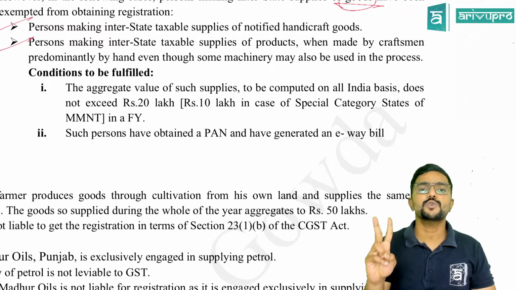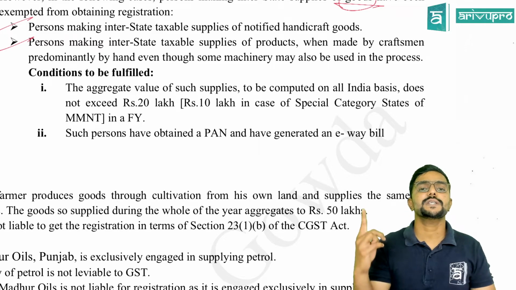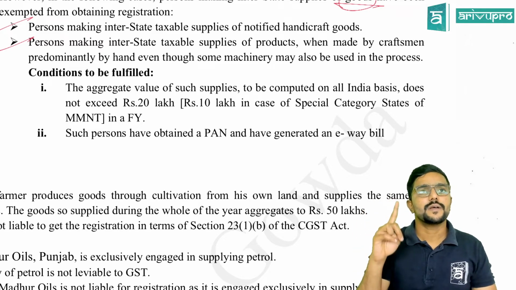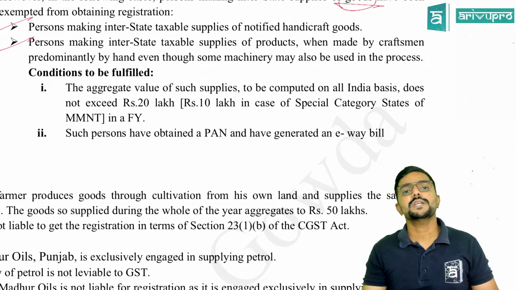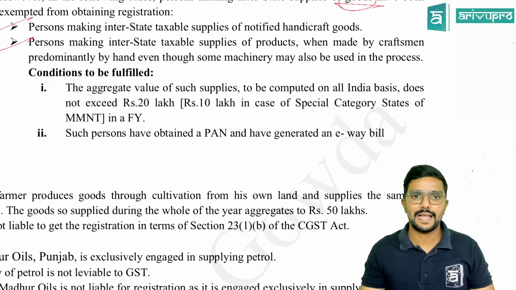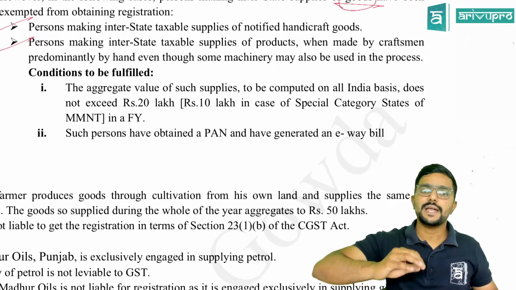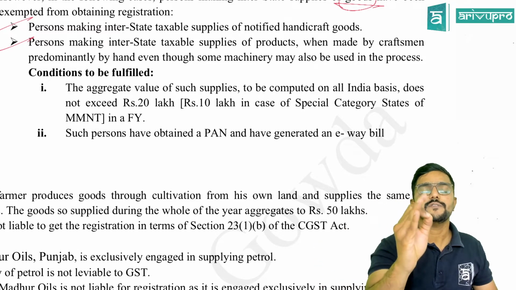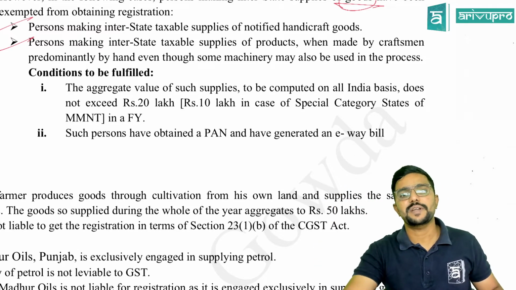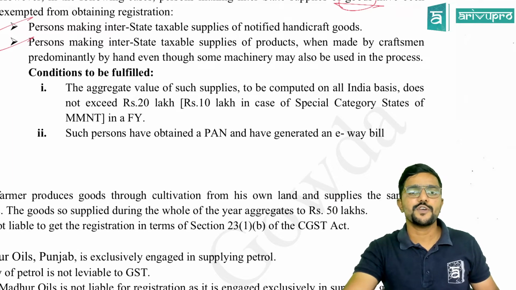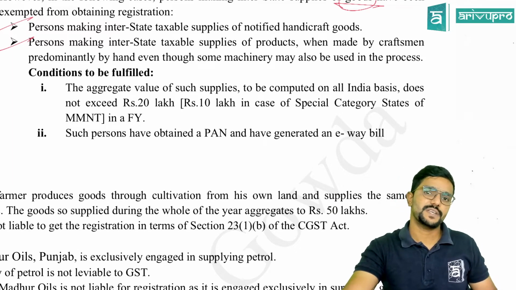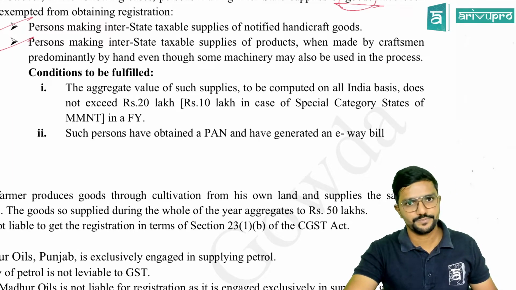So if only these two goods are supplied outside the state, registration is required only if their turnover crosses 20 lakh or 10 lakh. If any other goods are supplied outside the state, it is mandatory to get registered without any threshold limit. Irrespective of your turnover, you have to get registered in case of any other goods.